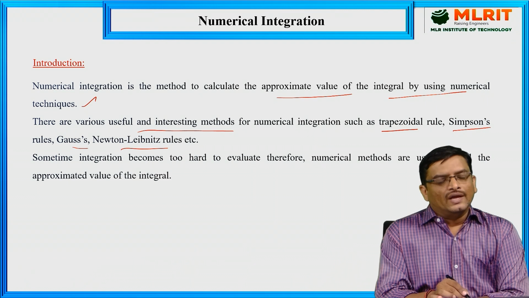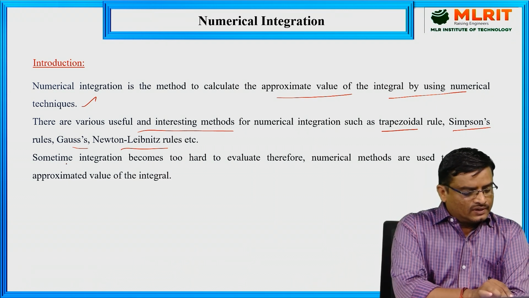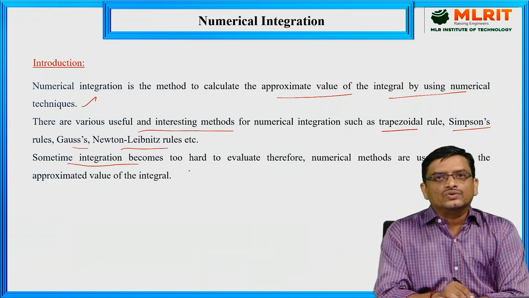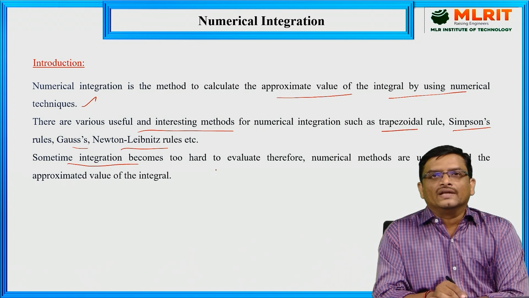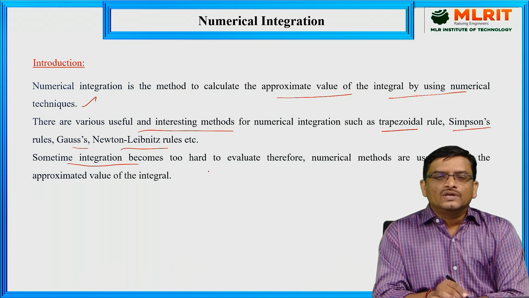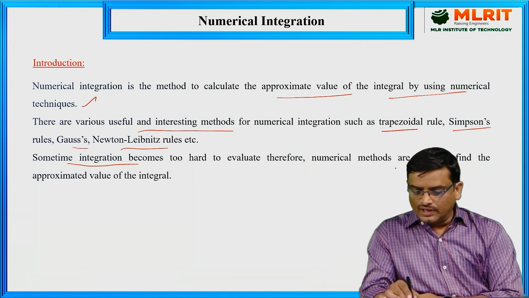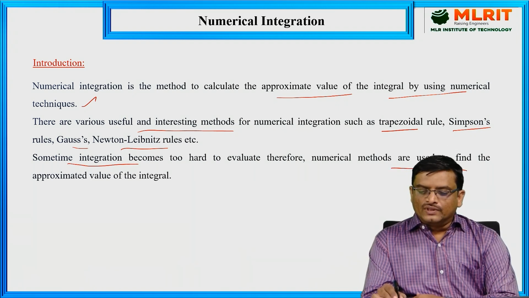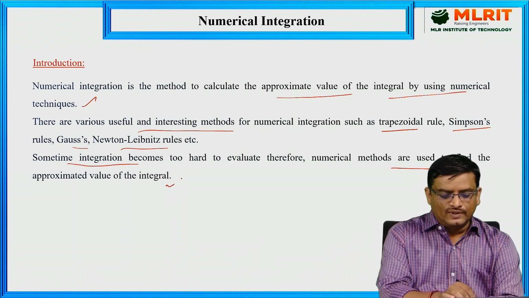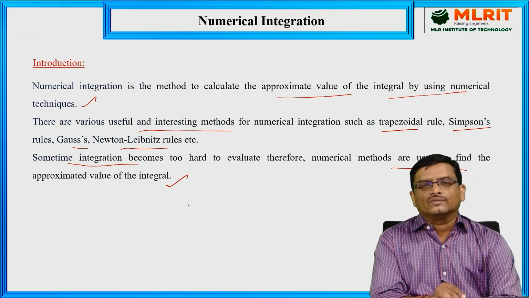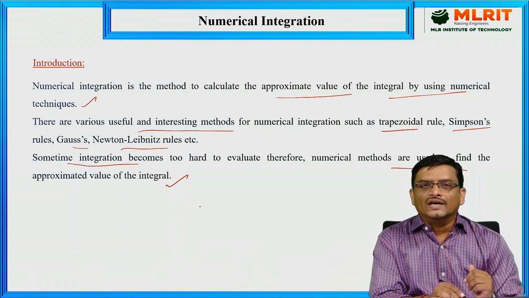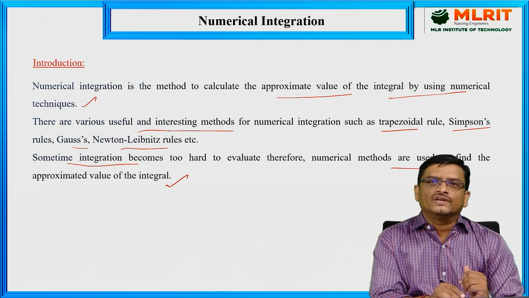Sometimes the integration becomes too hard to evaluate, meaning we have a complicated function, and in that case also we can use numerical methods to find the integral value. These are the different uses and methods under numerical integration.